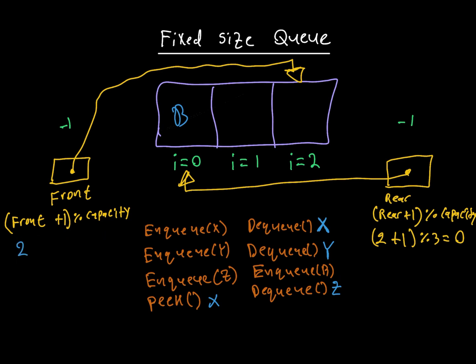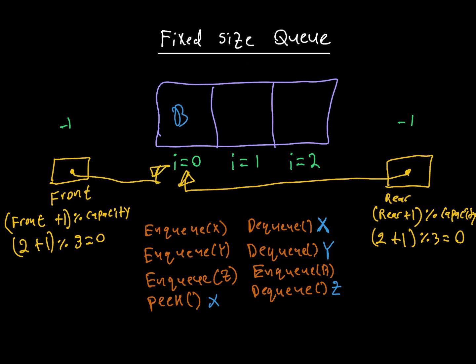Front is at 2 plus 1 modulo 3 is going to give us 0. So we're currently pointing, sorry for the poor arrow, it's pointing at index 0.